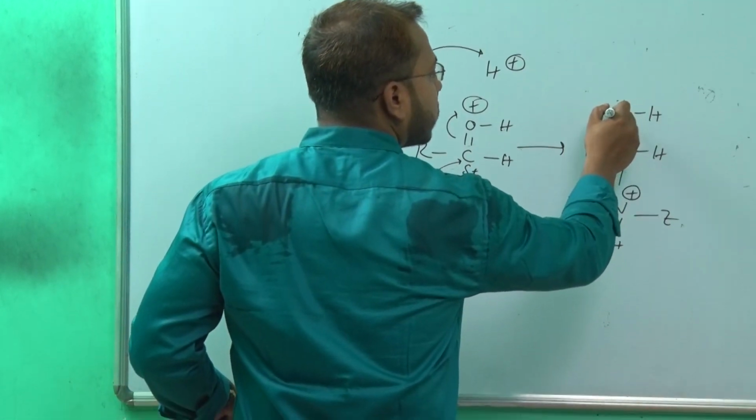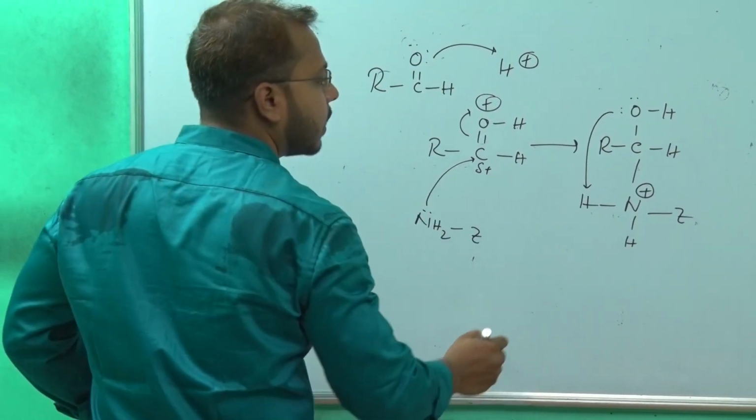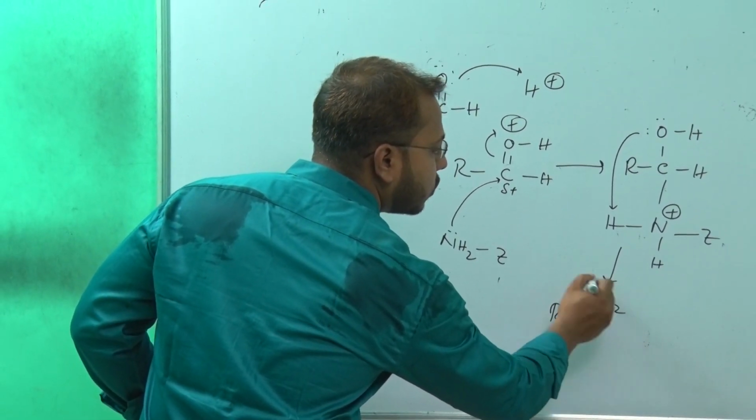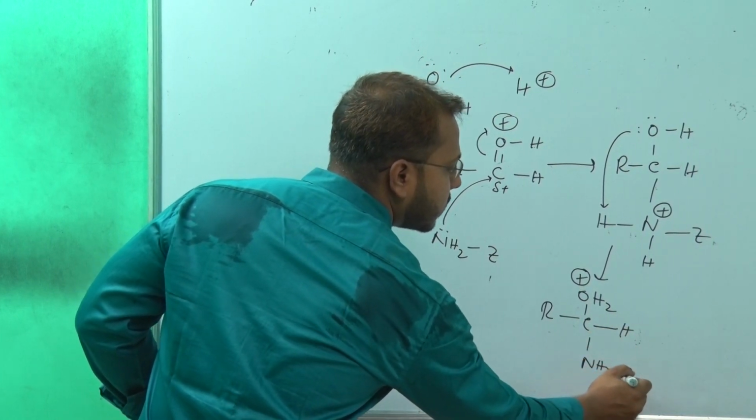So now protonation of this part can take place and the structure becomes like this, OH2+, H, NHZ.